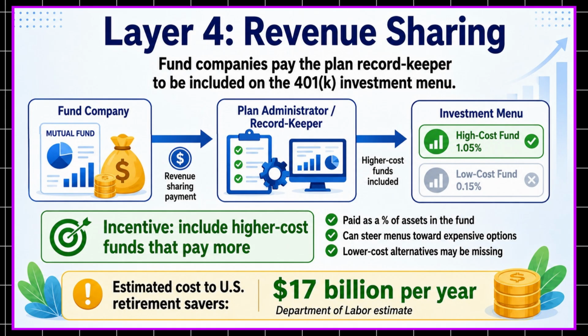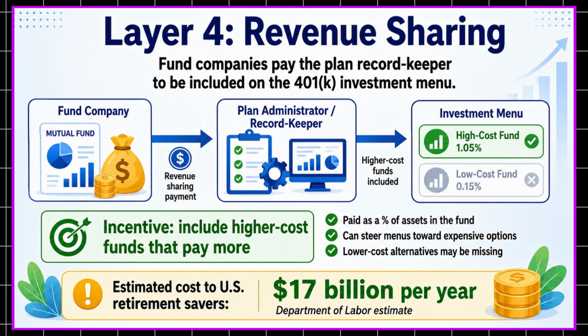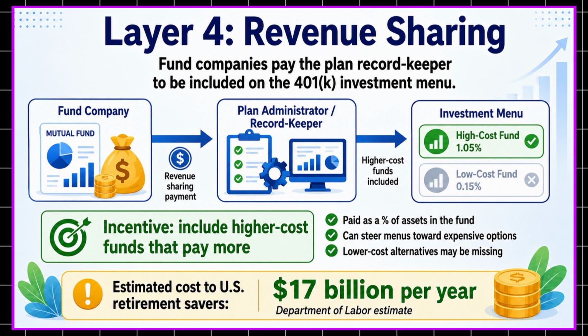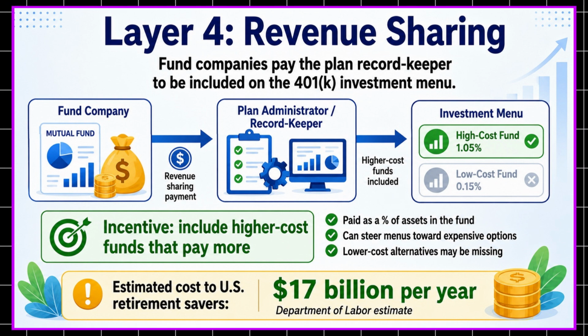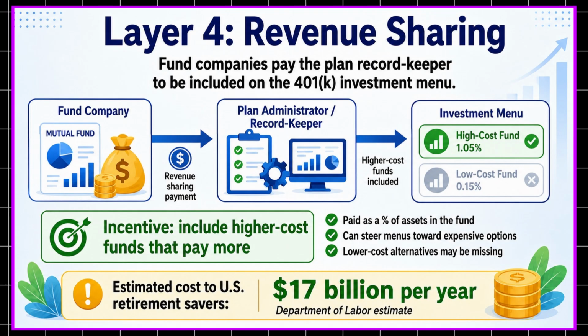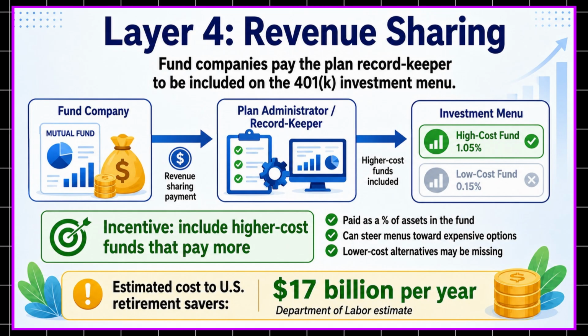This practice is legal. It is disclosed in documents constructed to be unreadable. And the Department of Labor has estimated it costs American retirement savers approximately $17 billion per year. That is not a metaphor. That is a transfer from millions of retirement accounts to the financial services industry every year, in the background, while you are focused on your actual job.